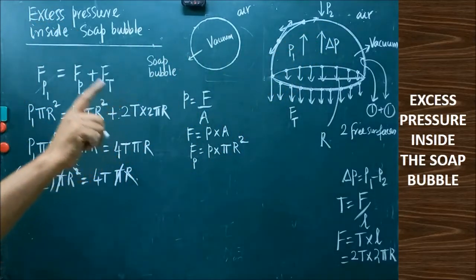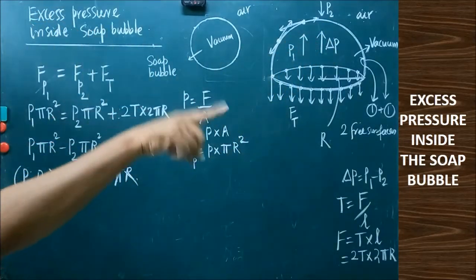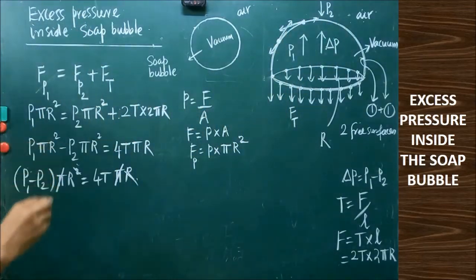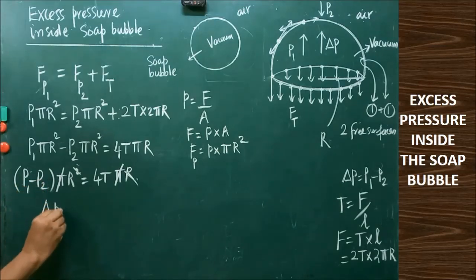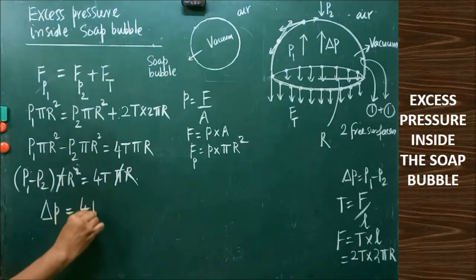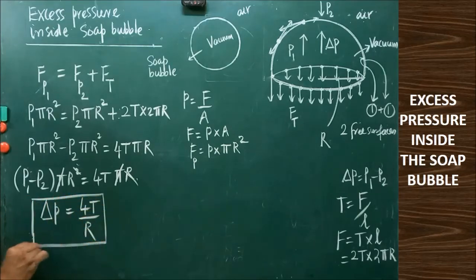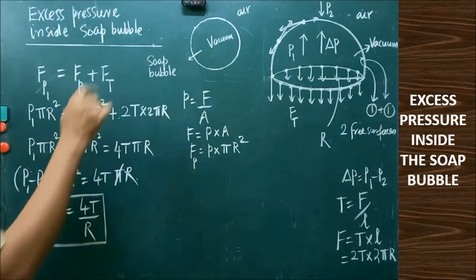Don't forget, excess pressure del P will always be acting on the concave side. That concept should not be forgotten. So therefore, P1 minus P2 can be written as excess pressure. Are you clear? This R can be taken to the other side. Therefore, the expression becomes 4T by R. So this is the expression for excess pressure which is acting inside the soap bubble.